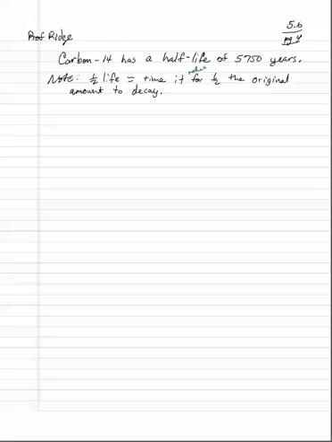So just like we did with the doubling time, it's the same thing. We want P sub 0, so for half-life, we have the exponential growth model, or decay.